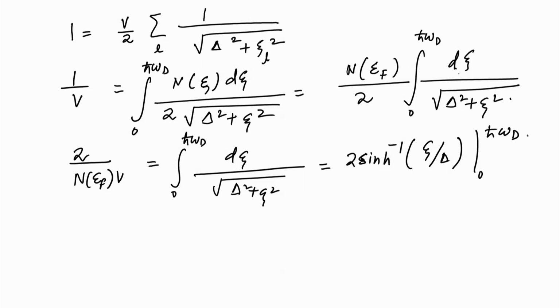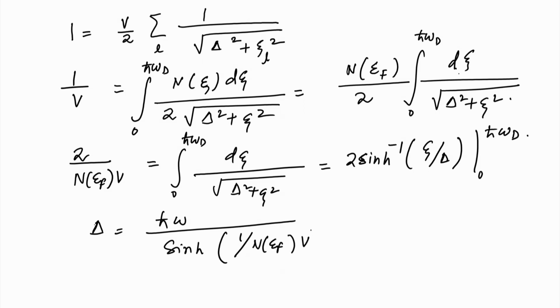If we put these values and rearrange, then we will get delta equal to h cross omega divided by sine hyperbolic 1 divided by n epsilon f v.